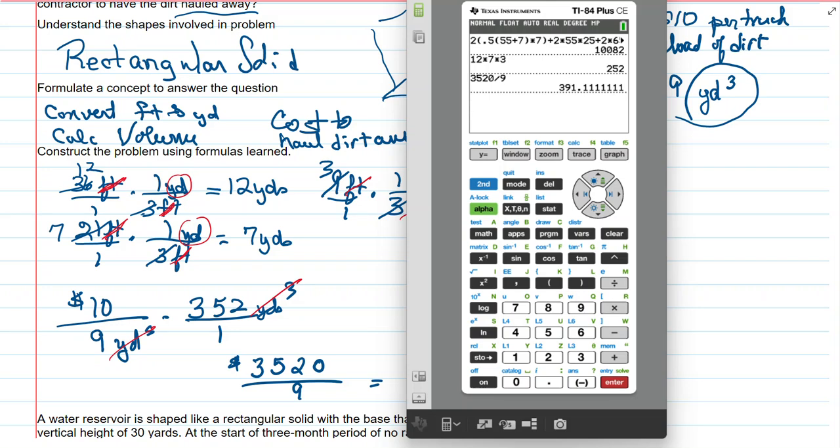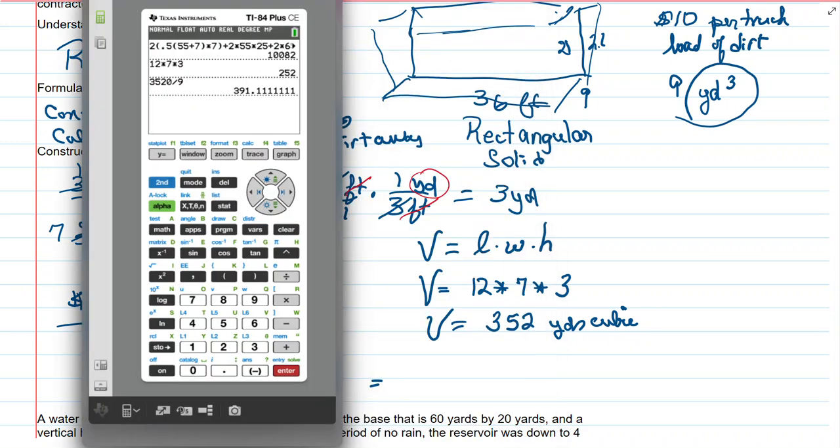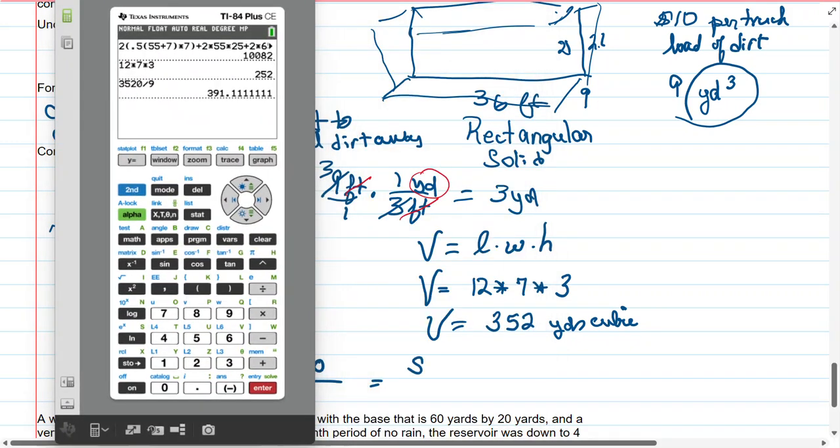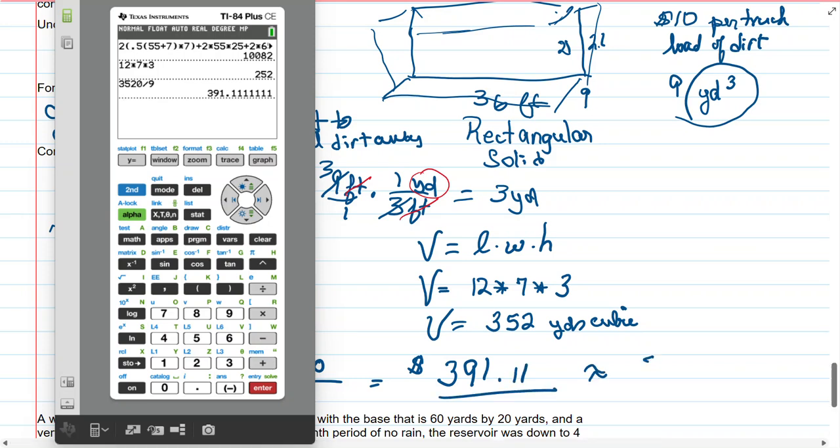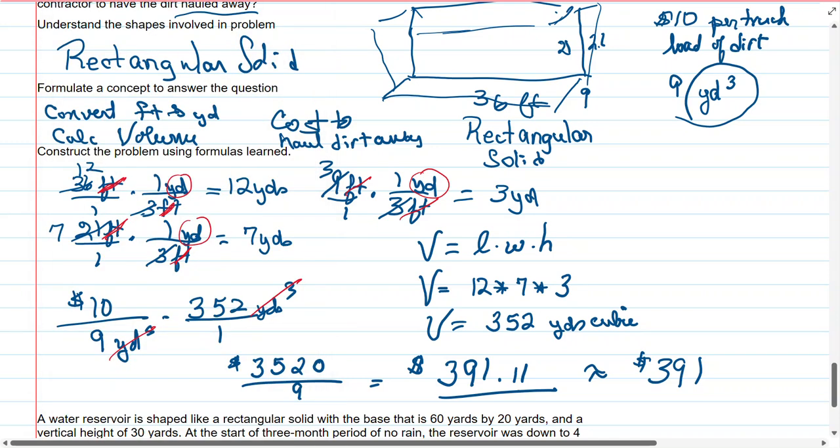So this is what is used, what's left, what was evaporated from the period of no rain. So here we go. So we're saying the volume of the full minus the volume remaining equals the volume used in the reservoir.